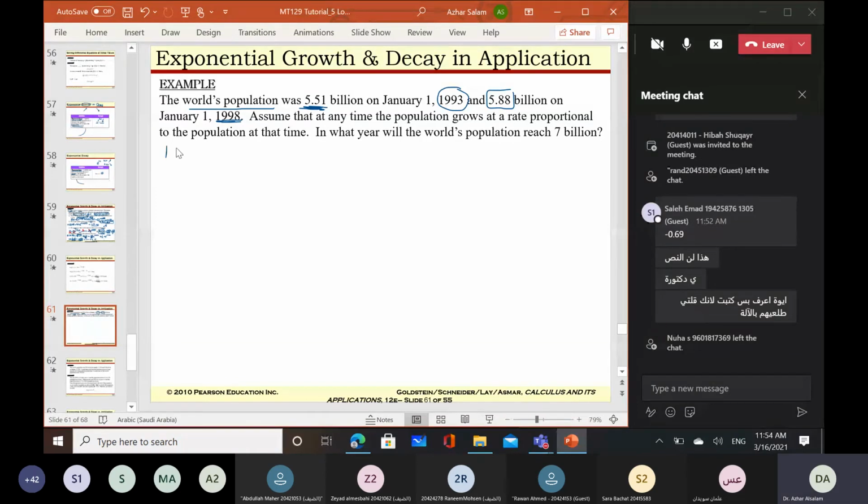And in 1998, the world population was 5.88 billion. Assume that at any time the population grows at a rate proportional to the population at that time. Notice here: grows.